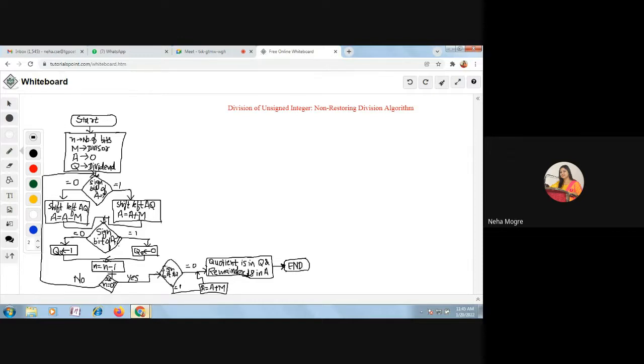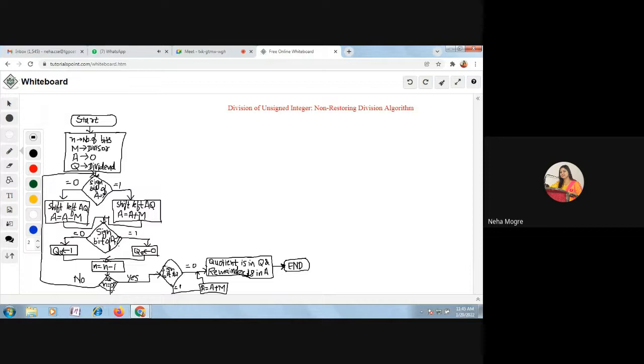After this, we check a condition: if N is not equal to 0, the loop continues. The same process goes on until N is equal to 0.